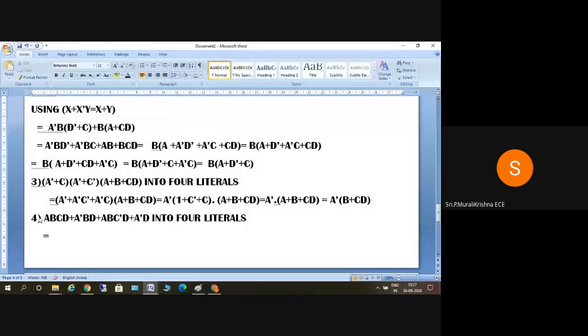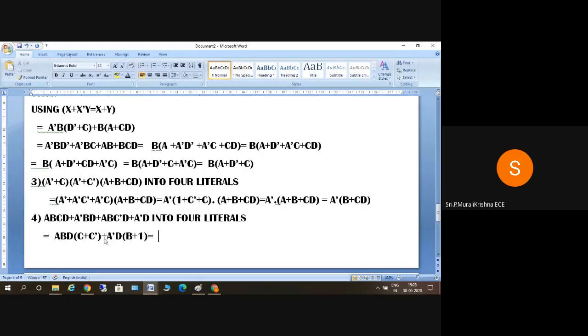So here I can take this as common, so I can take A, B, D as common. If I take A, B, D as common, I'll get C plus C bar. Okay, plus here I will take this A bar D as common. So A bar D as common, I'll get B plus 1. Okay, I'll get B plus 1 here.